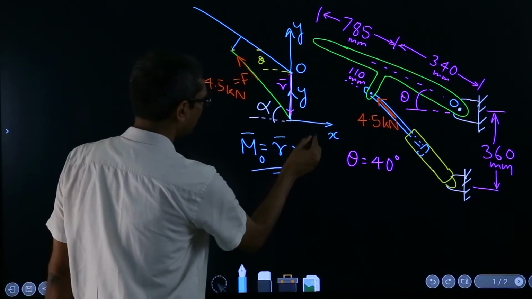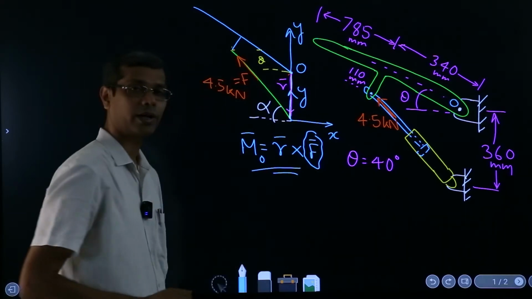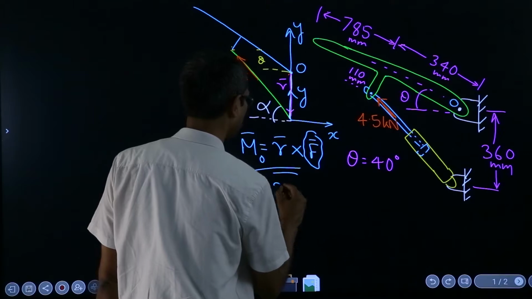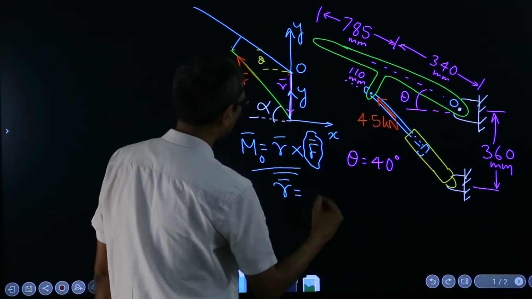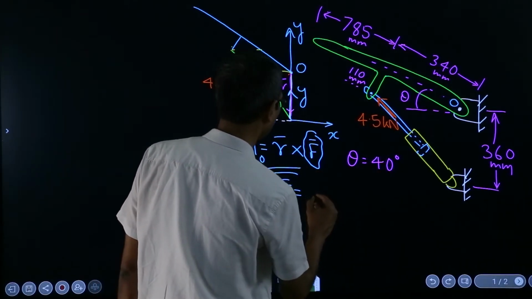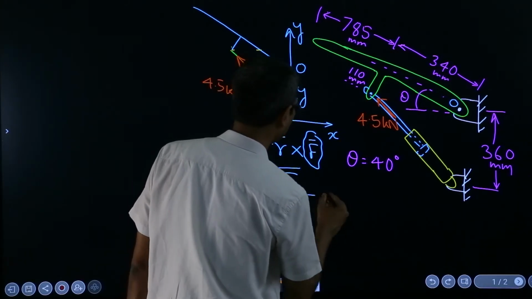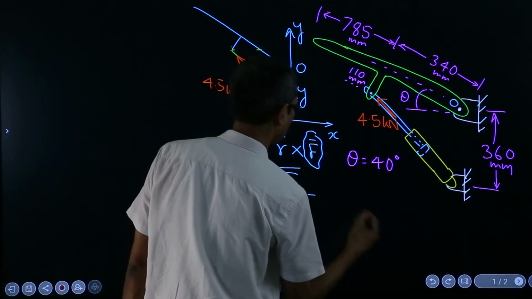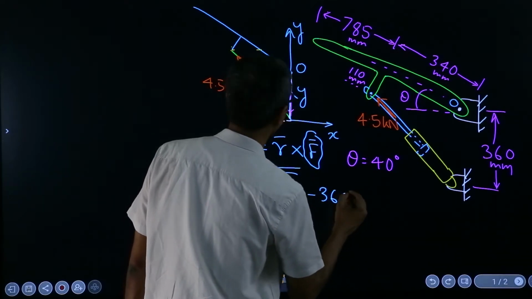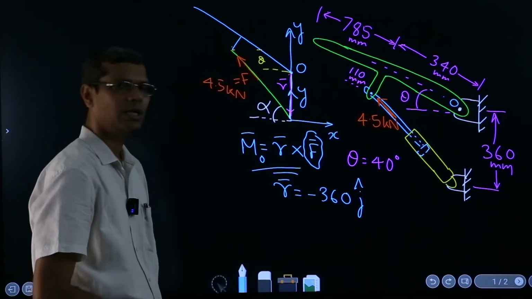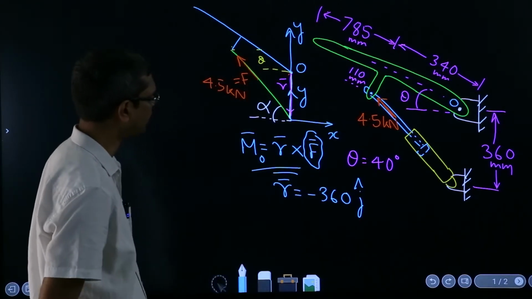But then the thing is how to find out f, because r is very easy. So how much is r in this coordinate system? r is nothing but minus 360 j, right? So that's the vector r.